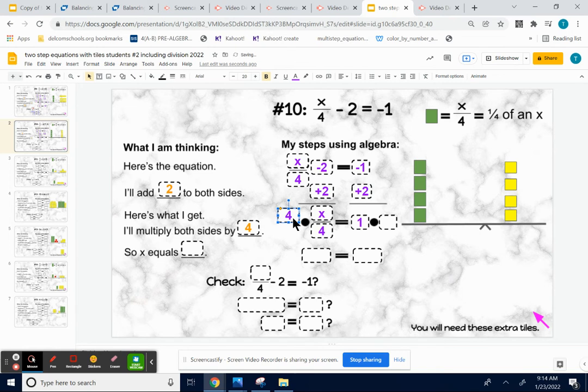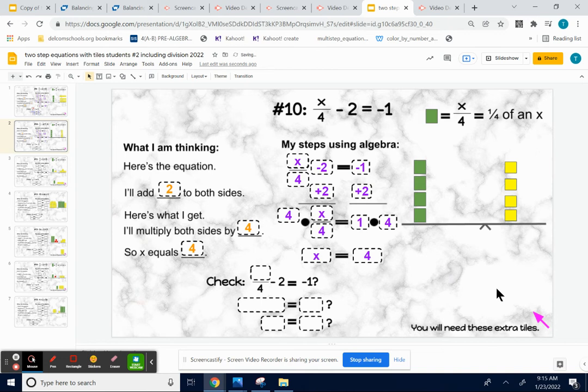So I'm going to type in multiply by 4, and then times 4, times 4. Now looking at my picture, I know that an entire x has to balance with 4. So each x equals 4 in words, and then I'm going to type in x equals 4 in my algebra way to solve. So the entire x must equal 4 in this problem.